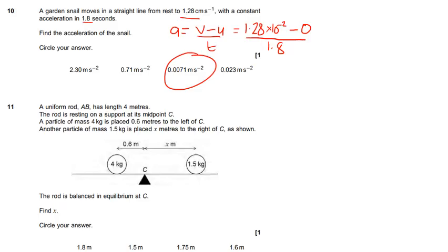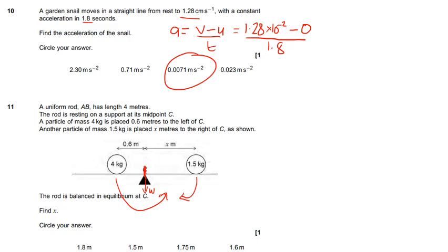Second one, we've got a uniform rod which is supported at its center, so we don't need to worry about the weight of the rod because that has no moment. And we've got a mass of 4 kilograms to the left of the pivot, which will lead to an anti-clockwise moment, and this one will have a clockwise moment.